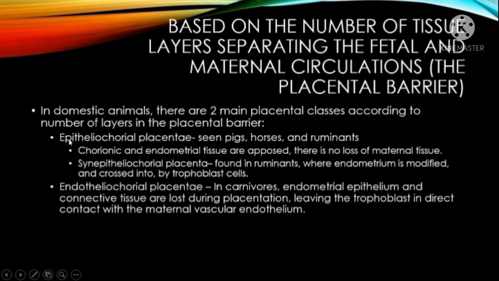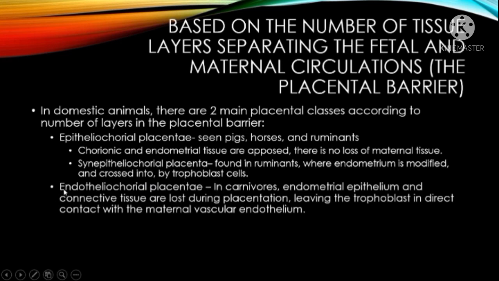First is the epitheliochorial placenta, which can be seen in pigs, horses, and ruminants. Here, chorionic and endometrial tissues are opposed, but there is no loss of maternal tissue. There can also be a syndesmochorial placenta, found in ruminants, where the endometrium is modified and crossed into by trophoblast cells.